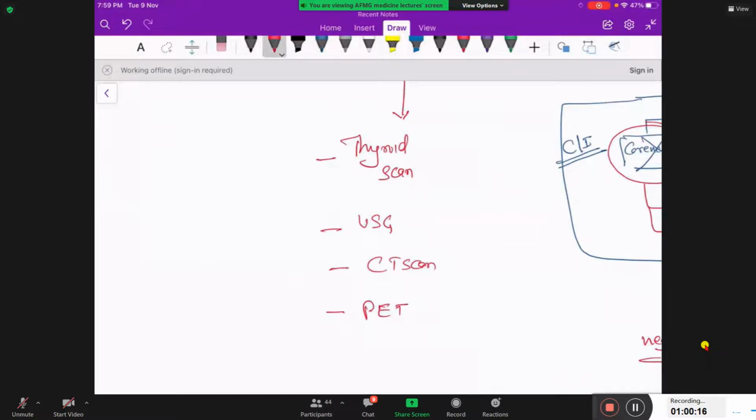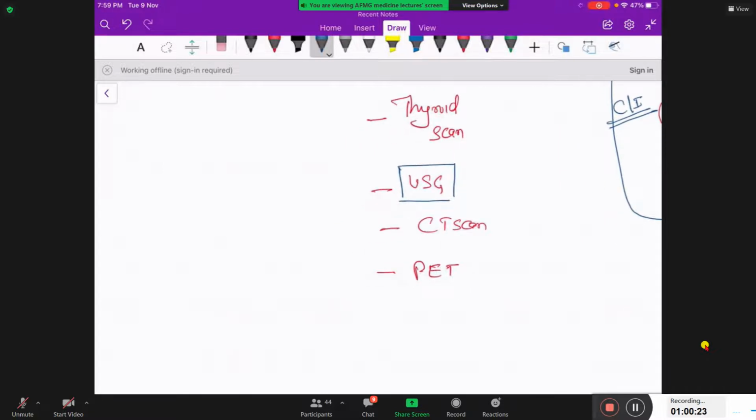Let us first know important points about ultrasound. I'll just quickly go through that. You already know this, but I just want you to have clarity. Can ultrasound tell us that the thyroid gland is enlarged or not? Yes.